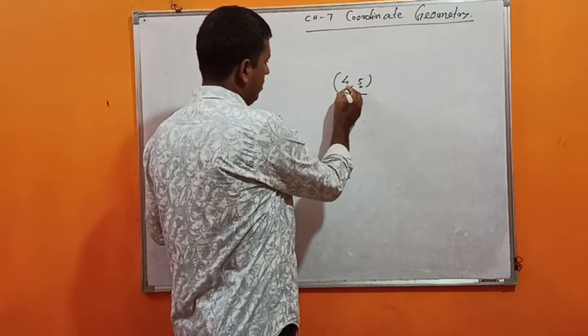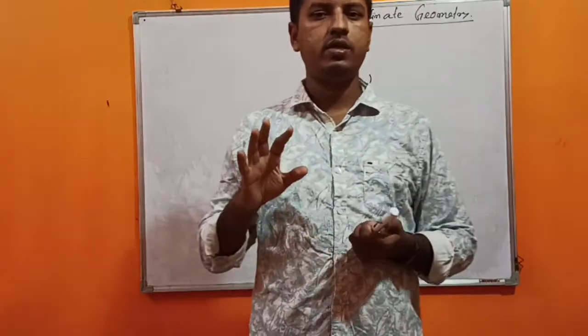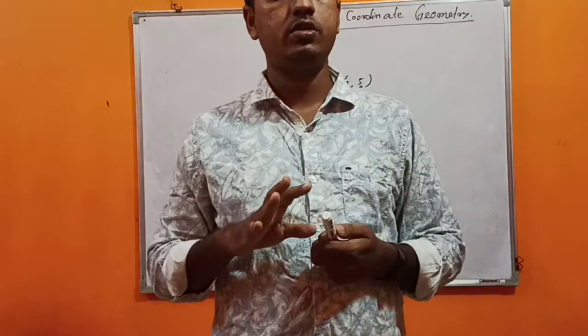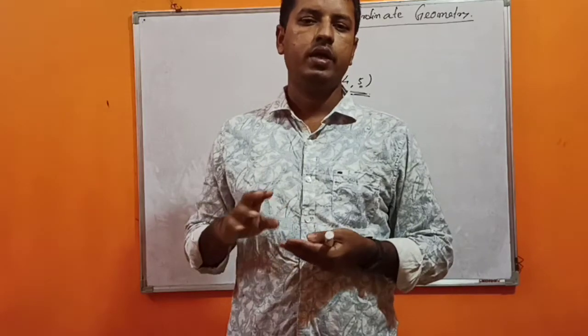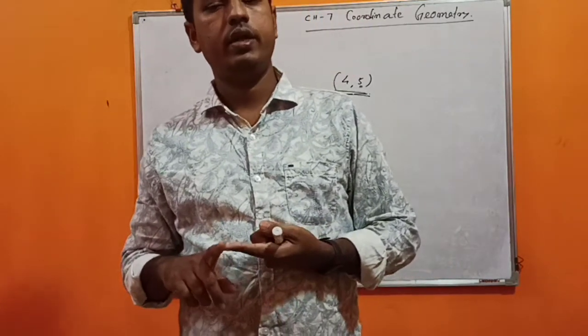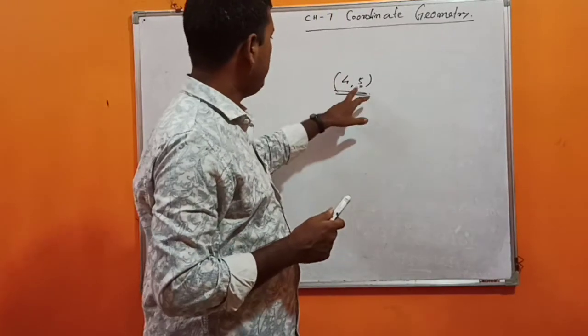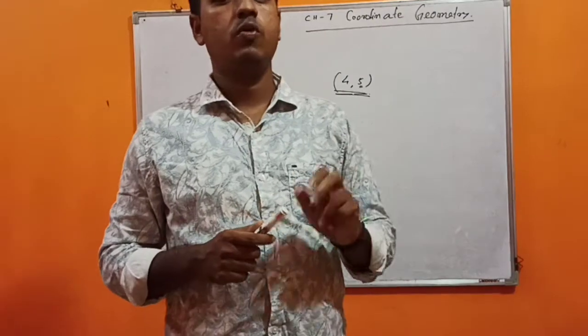It means if the coordinates of a point are given, then the first number represents the distance of that point from the y-axis and is called the x coordinate. And the second number denotes the distance of that point from the x-axis and is called the y coordinate.